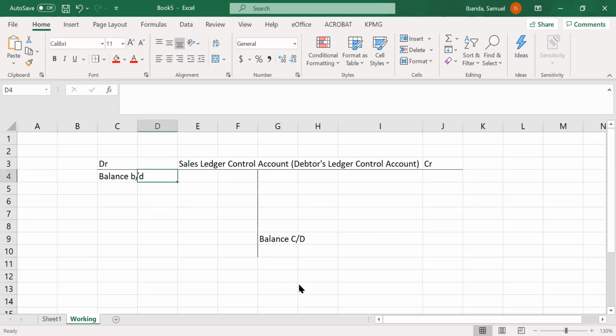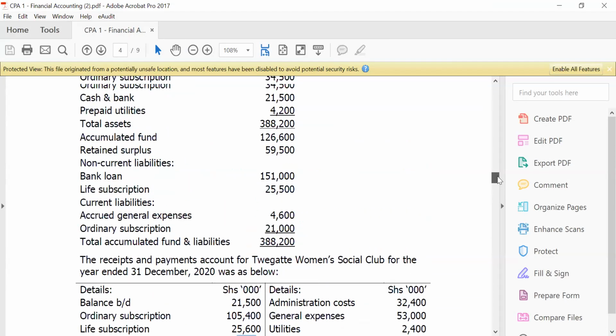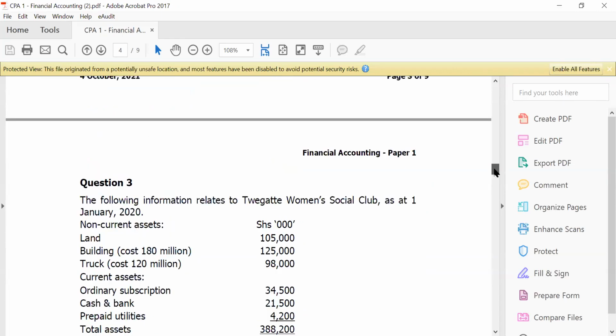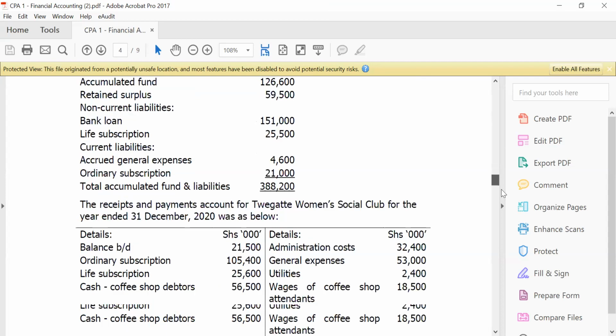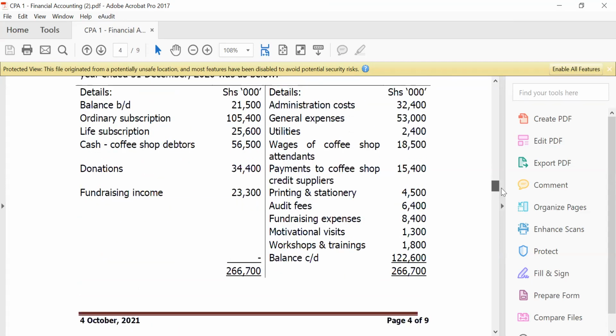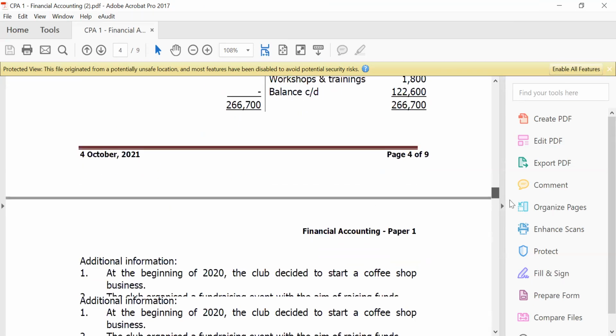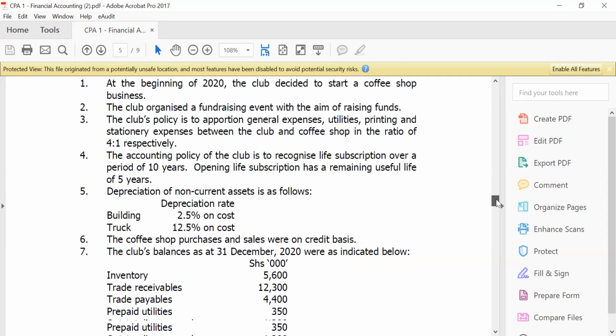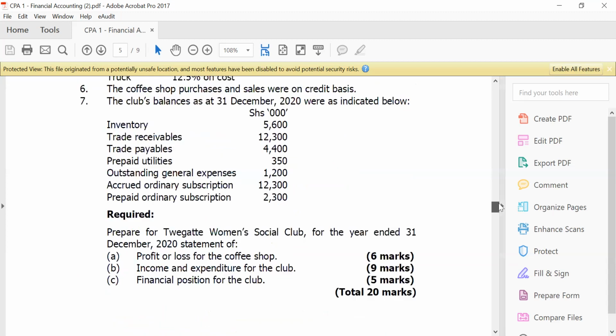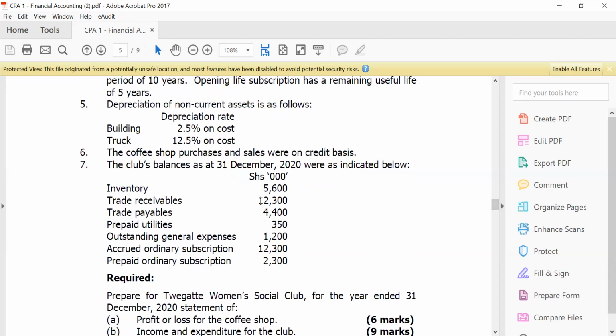So yours is to ask yourself, what is my balance carried down and what is my balance brought down for the debtors? The debtors balance brought down we would get from the opening balance, but since this is a new business, we don't have those debtors, okay? So our balance carried down, which is the closing balance, is the 12,300.